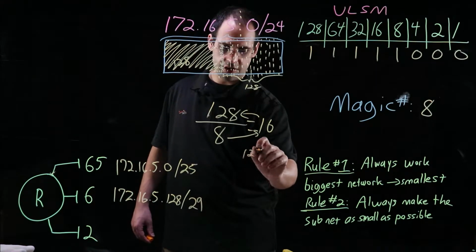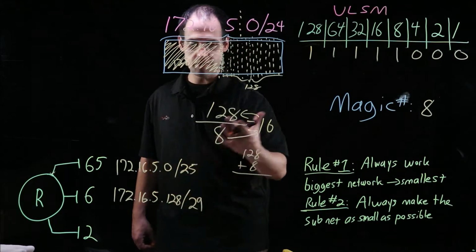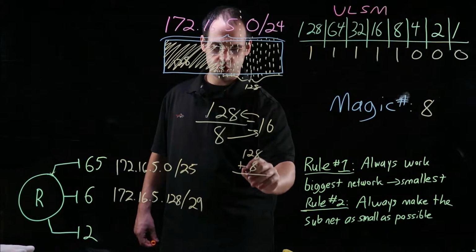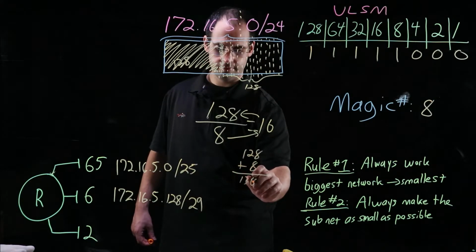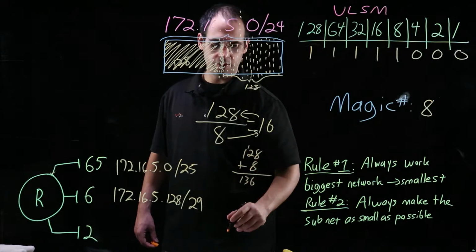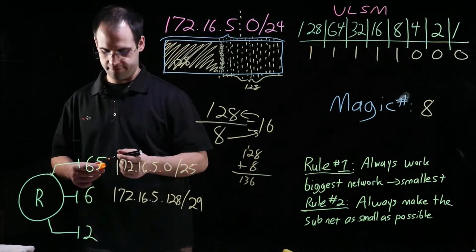So my 128 plus 8 is going to give me my new starting network. So it should be 136. 8 and 8 is 16, carry the 1, 13, 136.